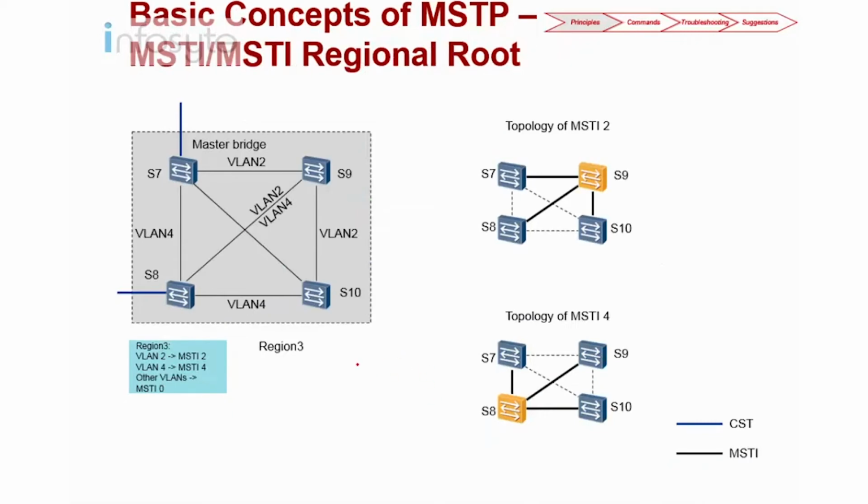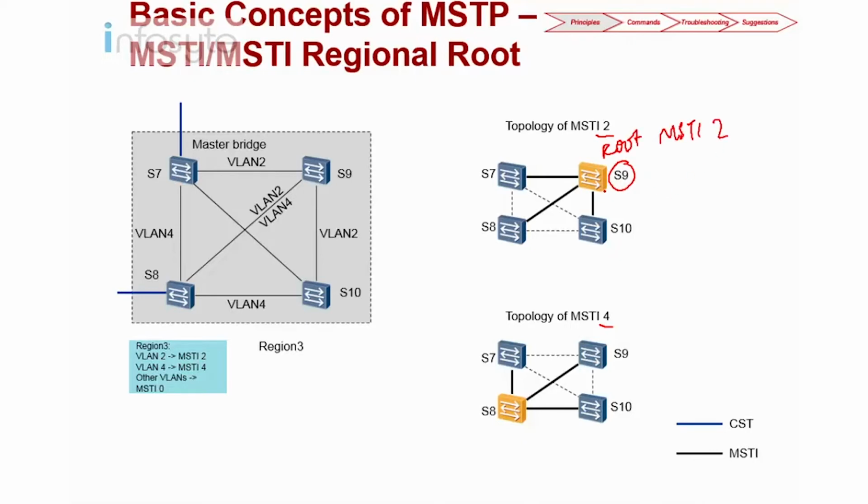So now we zoom into the region 3. Now, on this region 3, we have two instances, instance 2 and instance 4. If you still remember, the main objective of having the multiple spanning tree is to make sure that we have efficiency. So here, switch 9 is the root for MSTI 2.